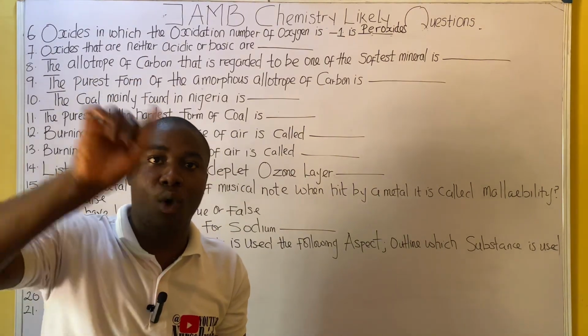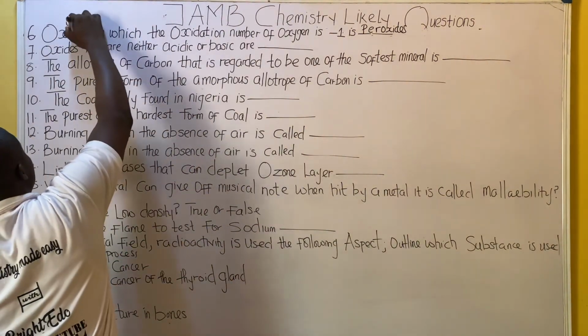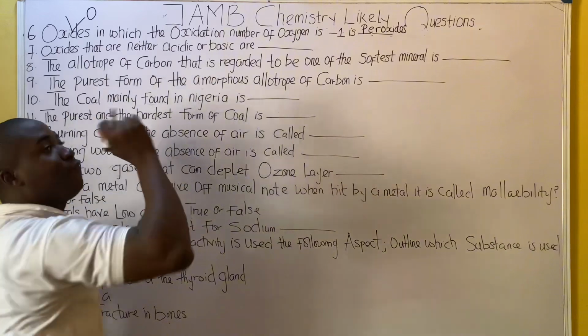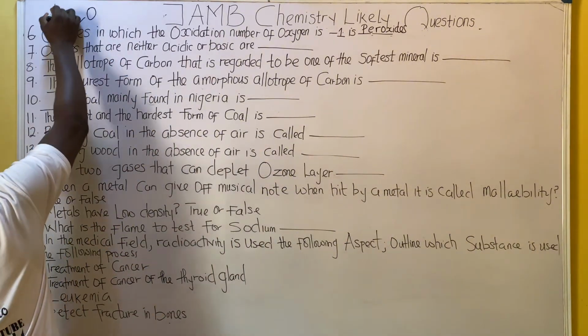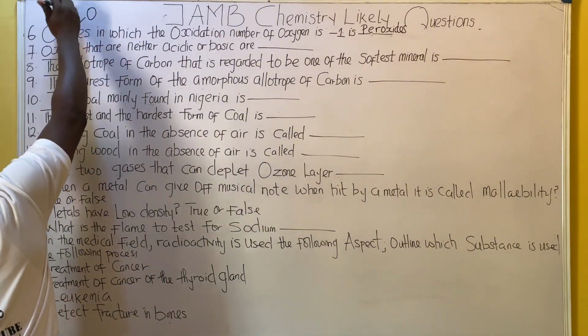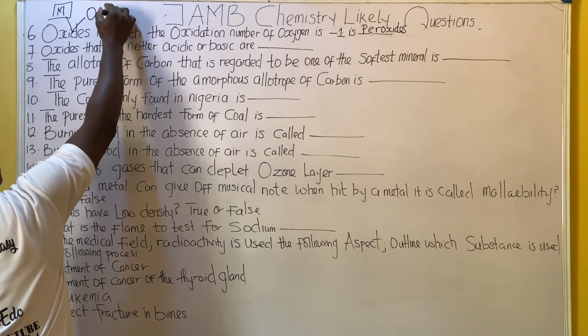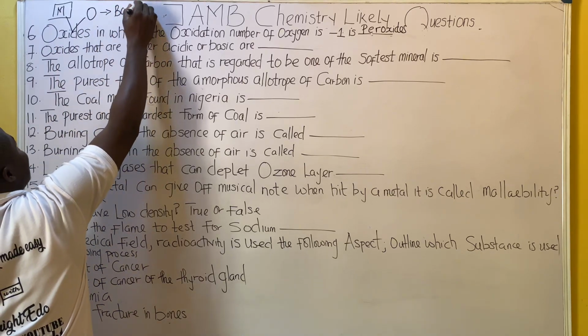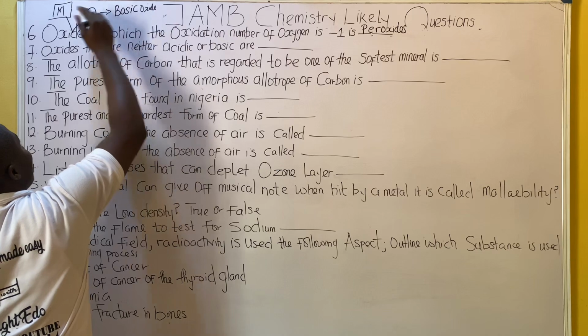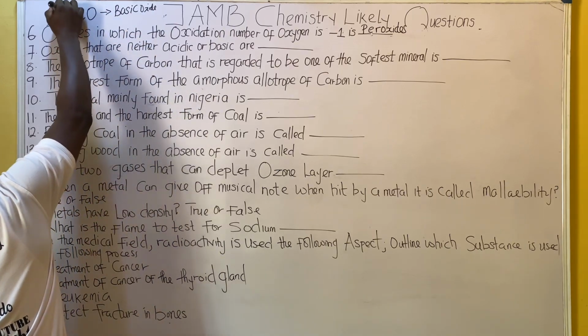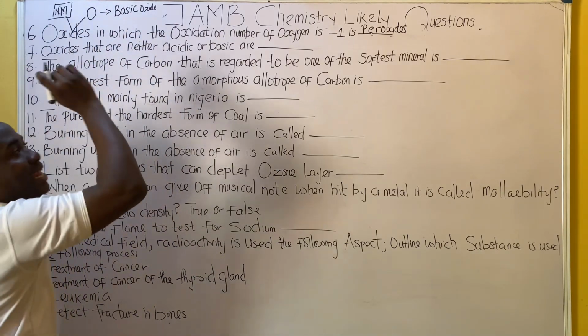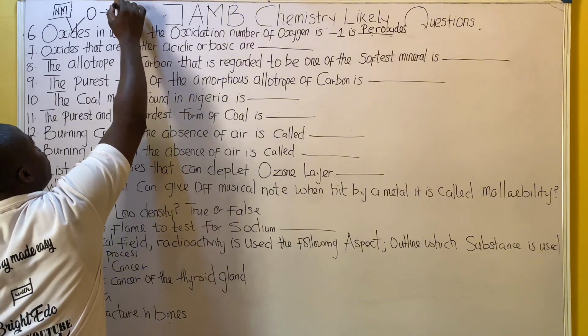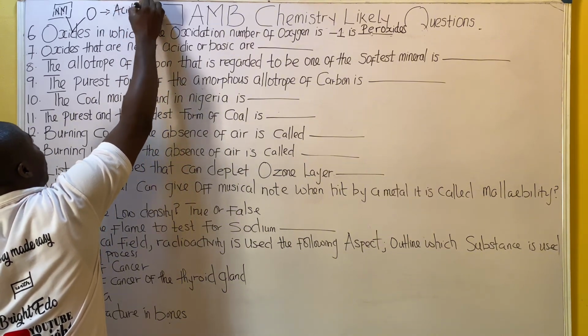You can see from the word oxide that there is oxygen for sure and another element. So if the element is a metal, that oxide should be a basic oxide. If the element is a non-metal, that oxide should be an acidic oxide.